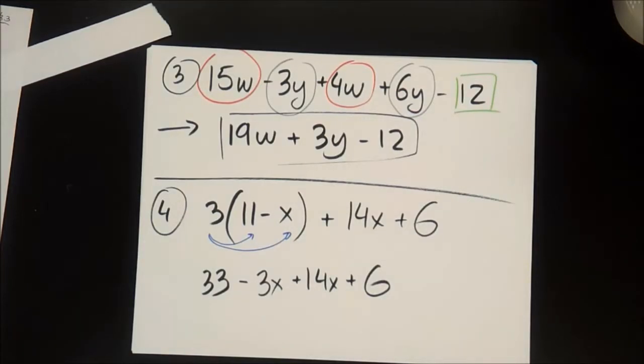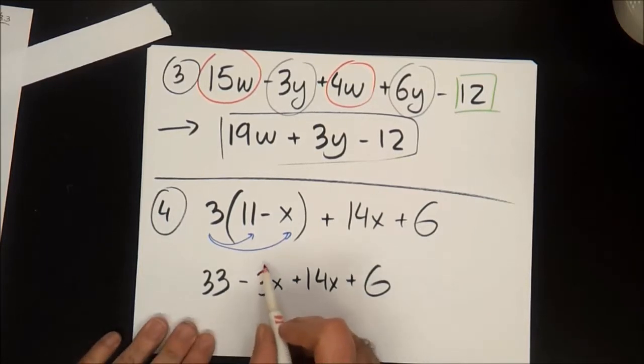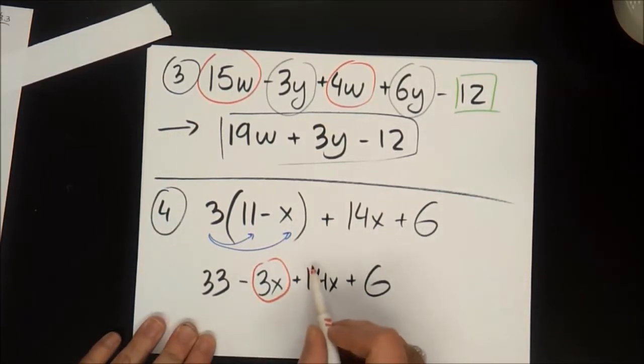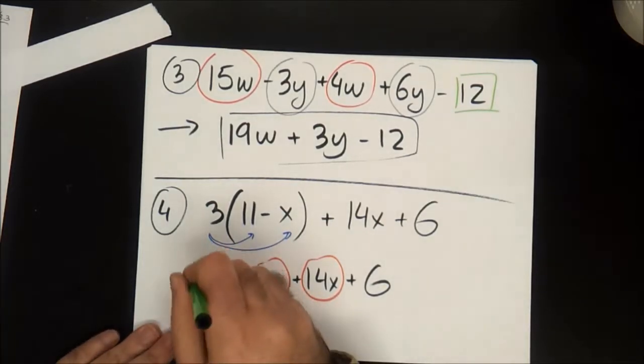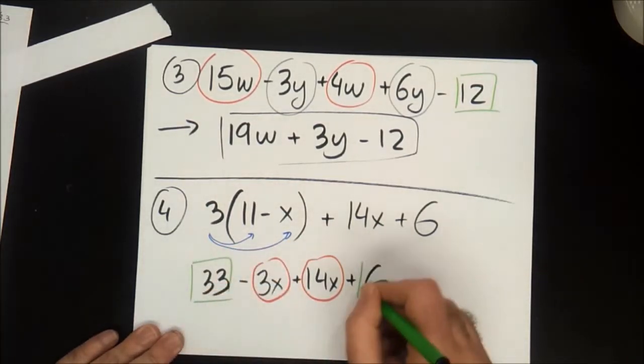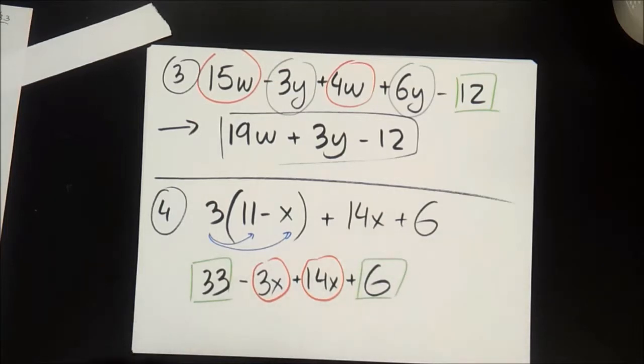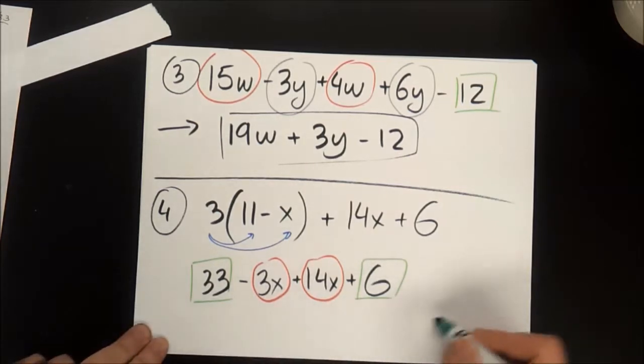Now we can combine our like terms. I have 4 terms here, 2 different term types. I have the negative 3x and the 14x, but I also have a pair of constants. Okay, perfect. So what do we do next? Combine the terms.